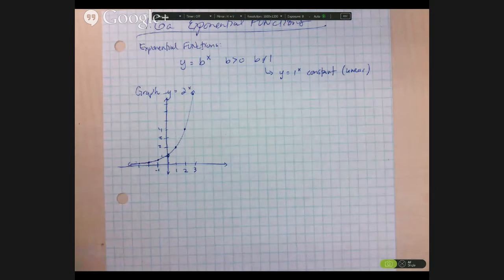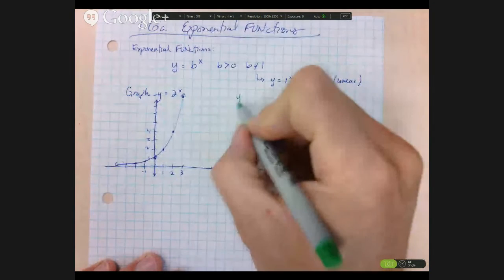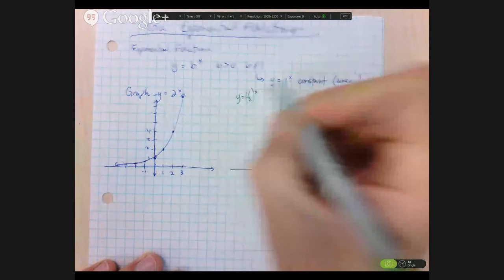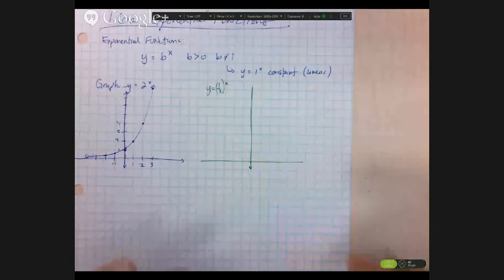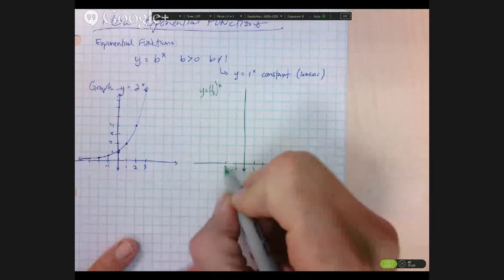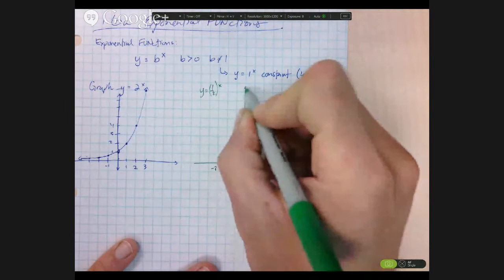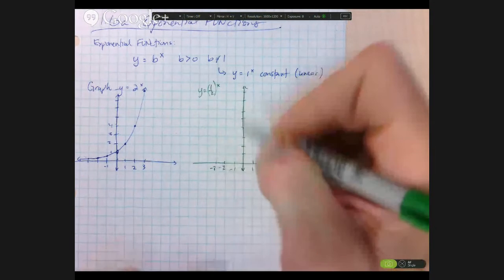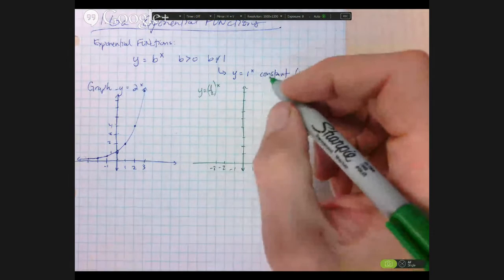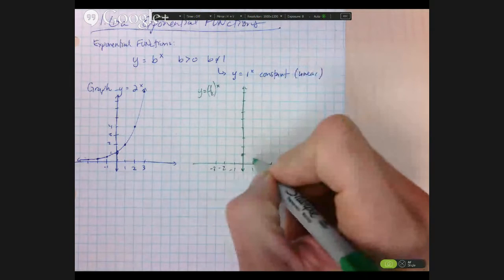And then if we do just another fine example, half to the x, it's actually going to be just the opposite, reflected around the y-axis is what we would say.